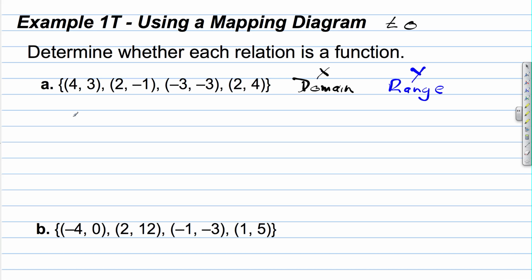To do this, it's best if you list the domain first, just listing the numbers out: 4, 2, -3, and 2. Now notice we have 2 repeating itself. We only need to put it once, and we're going to put them in order from least to greatest. So -3, 2, and 4.